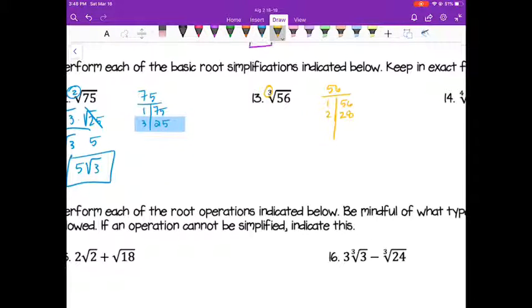No, 3 won't work. 4 and, let's see, 56 divided by 4, 14. 5 won't work, 6 won't work, but we've got 7 and 8. That's good news for us because 8 is a perfect cube. So I break the cube root of 56 into the cube root of 7 times the cube root of 8. And I do that because the cube root of 8 is 2, which I'll write in front of my cube root of 7. Final answer.